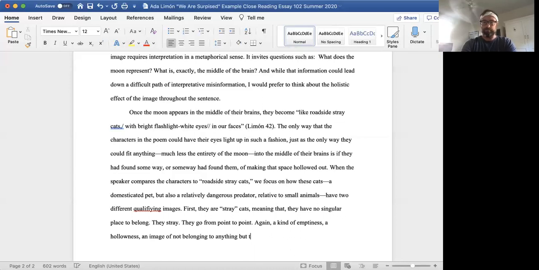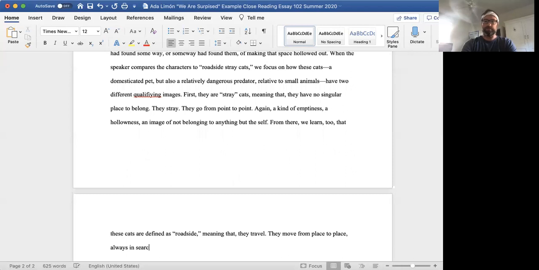From there, we learn too that these cats are defined as roadside, meaning that they travel, they move from place to place, always in search of sustenance.